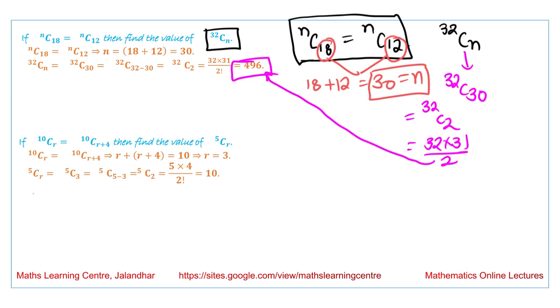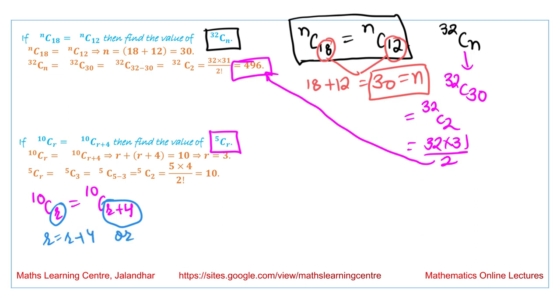Next is, if 10Cr is equal to 10C(r plus 4), then we have to calculate the value of 5Cr. Again, we are having two cases over here. Either r is equal to r plus 4 or r plus 4 should be equal to 10. This first condition is not possible because it will give us 4 is equal to 0. So this is not possible.